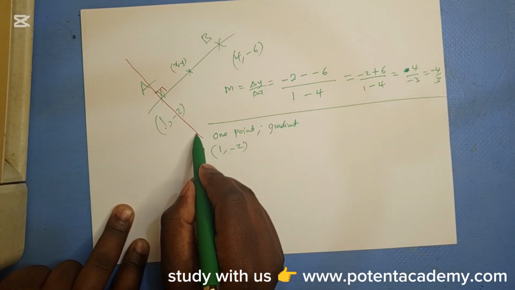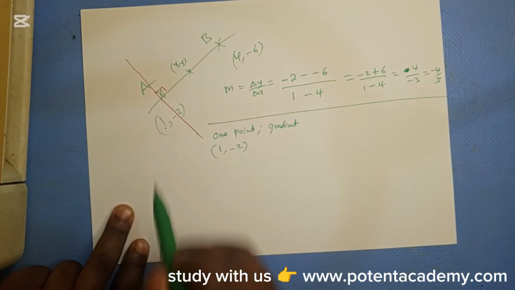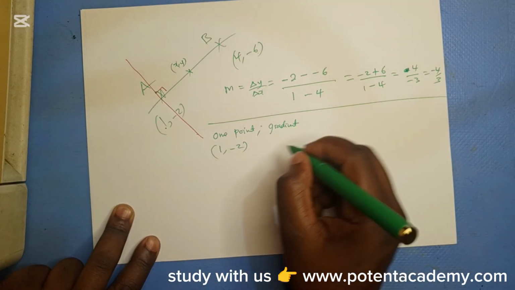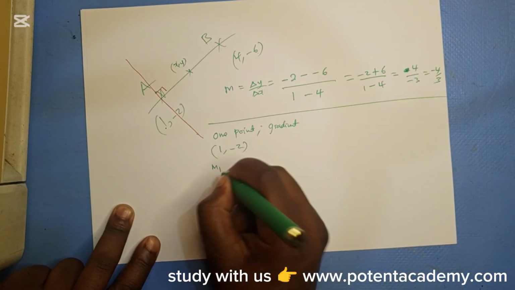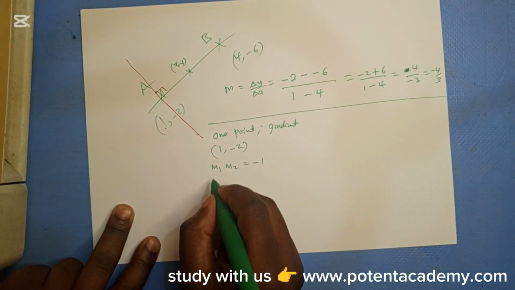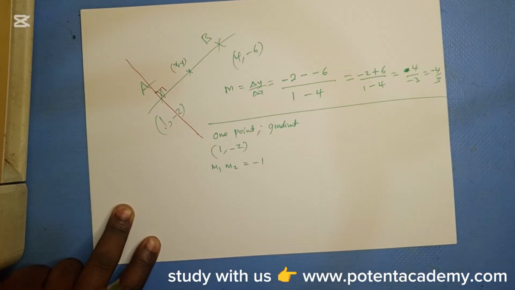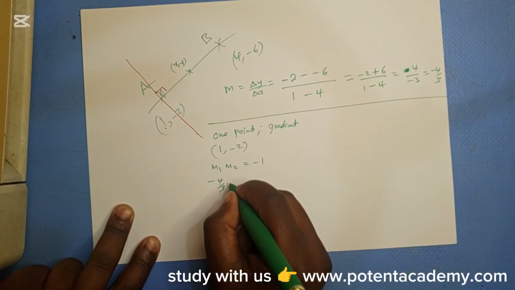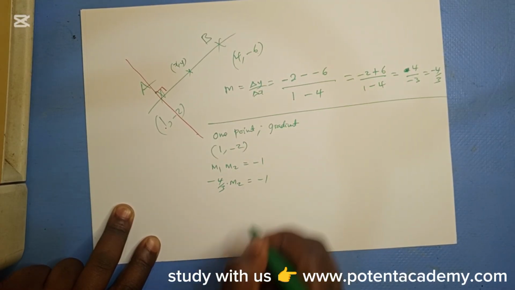So how do we know the gradient of a line that is perpendicular to AB? We know the product of their gradients, that is m1 m2, will be negative 1. Remember, we have the gradient of line 1 is negative 4 over 3 times m2 will be negative 1.